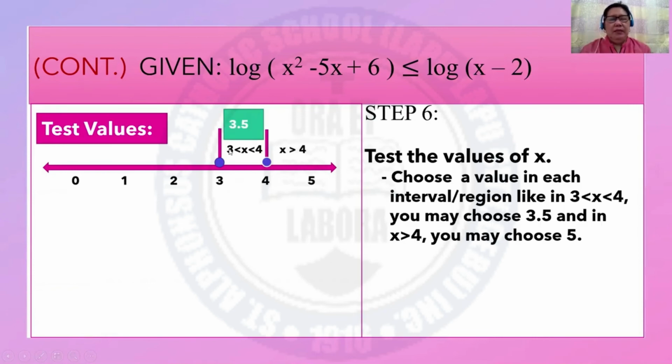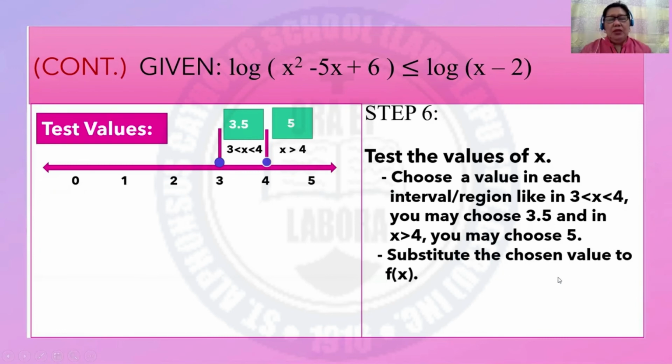So here, in this interval x between 3 and 4, you can choose 3.5 or any number as long as it is between 3 and 4. And in this region represented by x greater than 4, you may choose 5 or any number greater than 4 and substitute the chosen value to the function.